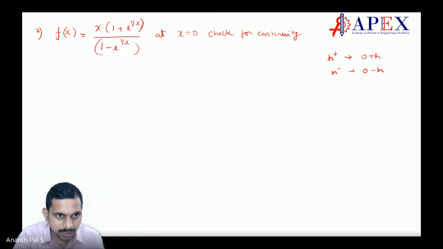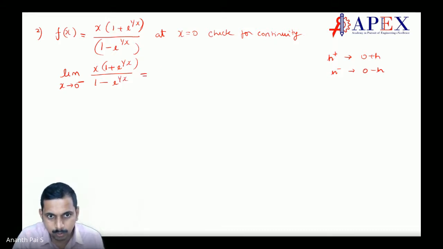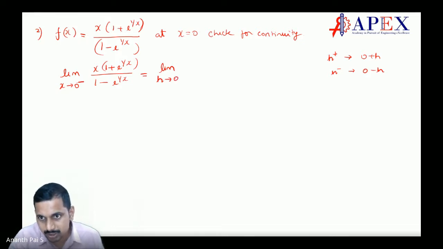So here I can write this as, if I consider limit x tending to 0 minus, instead of x, x into (1 plus e power 1 by x) divided by (1 minus e power 1 by x) is equal to limit h tending to 0, and instead of x, I will put 0 plus h. If this was x tending to 1, then it will be 1 plus h. Makes sense?